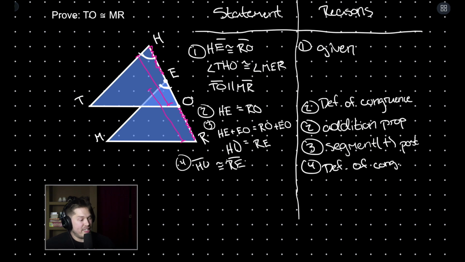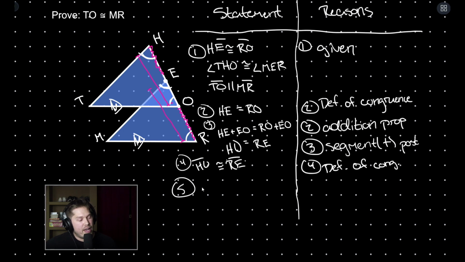Well, we're told that TO is parallel to MR. So these lines are parallel. And what does that tell us? Well, since these lines are parallel, this backstop can be thought of as a transversal. Therefore, this angle and this angle are corresponding angles.